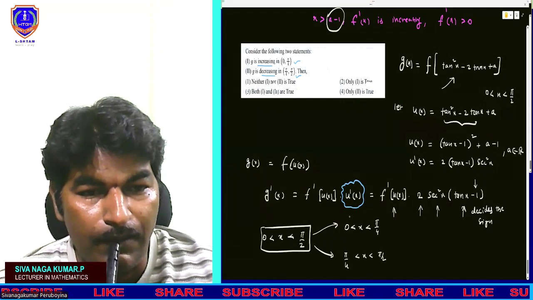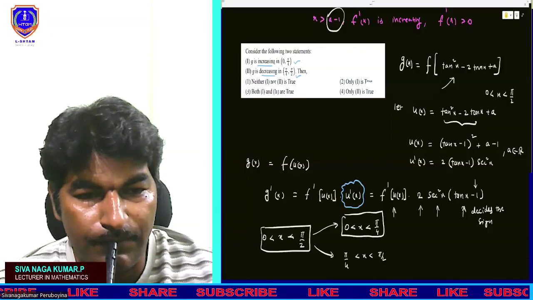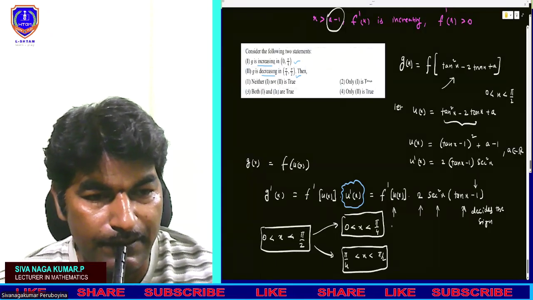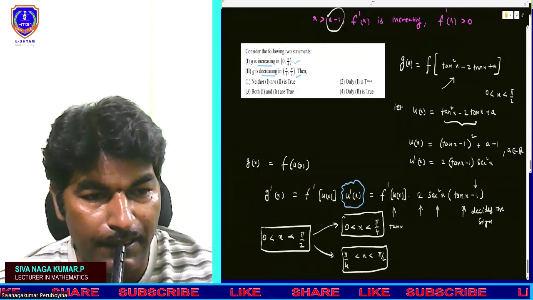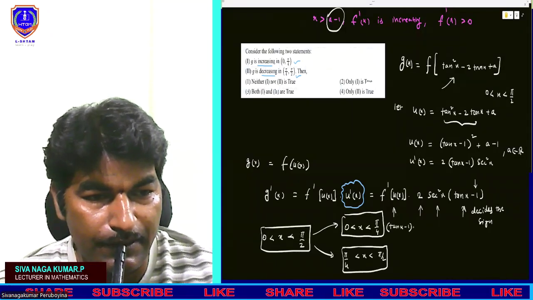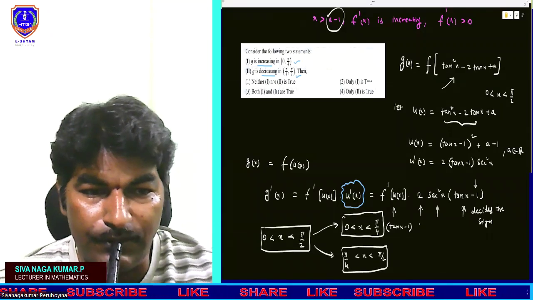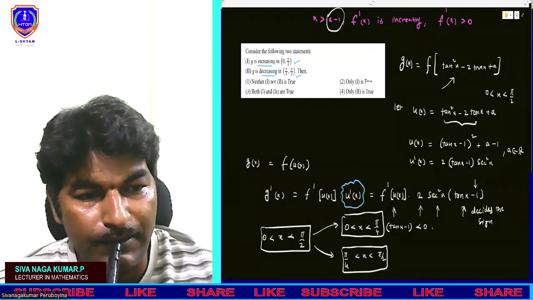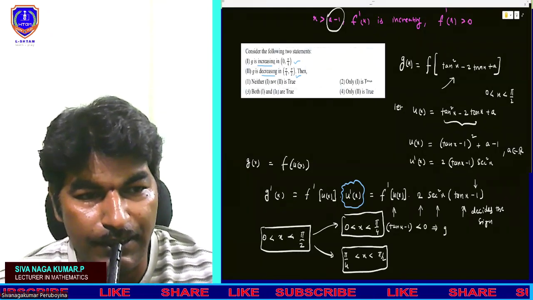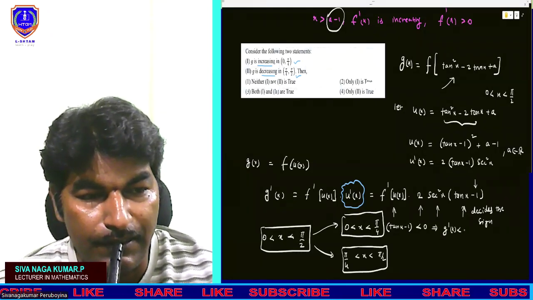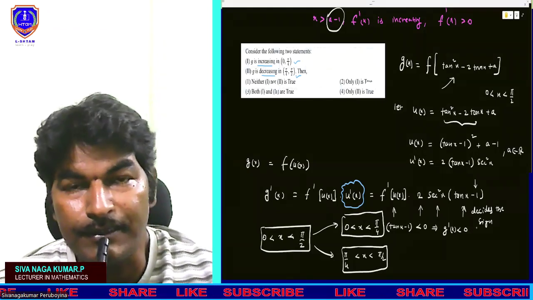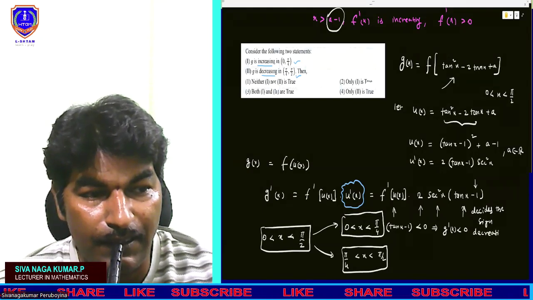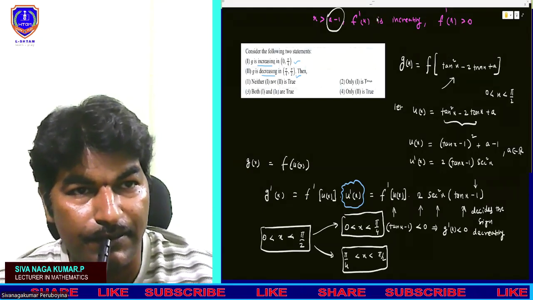So in this case, tan x minus 1, is it positive or negative? Negative. Negative means this implies g dash of x is negative. That means g dash of x is negative, so it is decreasing.